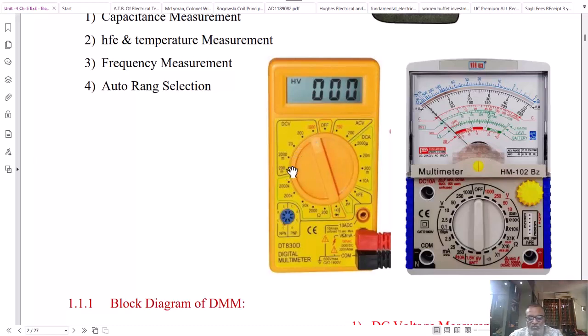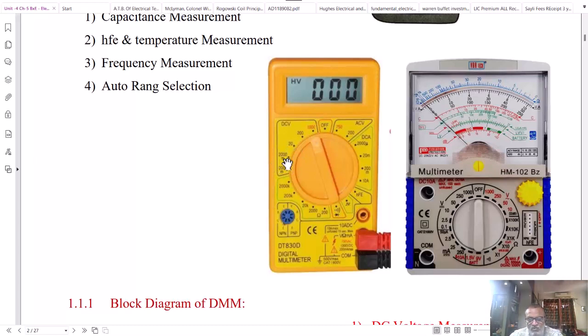The 200 millivolt range means whenever you apply a voltage to the input terminal, that voltage should be in the range of 200 millivolt, and the meter can display 200 millivolt on the display. That is the maximum. If your input voltage is more than 200 millivolt, then you have to select the range of 2000 millivolt.